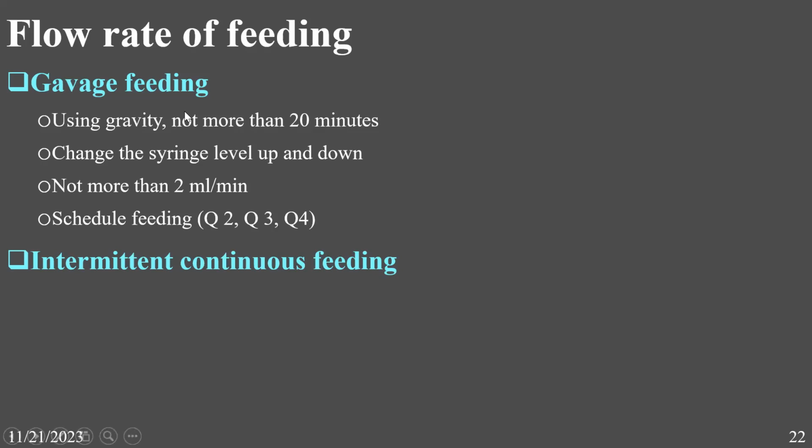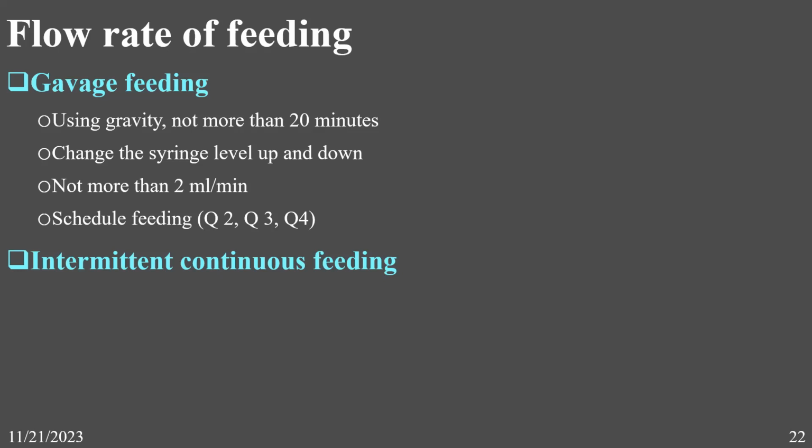Gavage is by gravity. Do you know why we give gavage and not by infusion pump? Anybody knows? Because of the pressure. The stomach has the ability to expand to receive the food, and if you give more than that, you might cause perforation or bleeding.